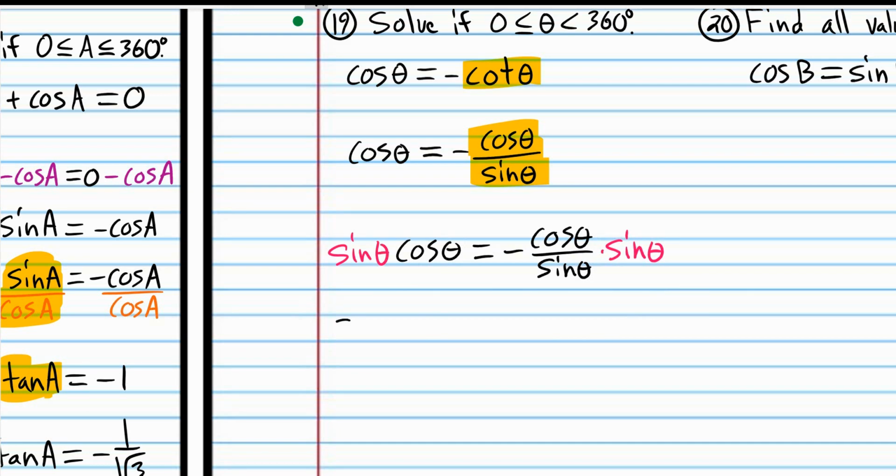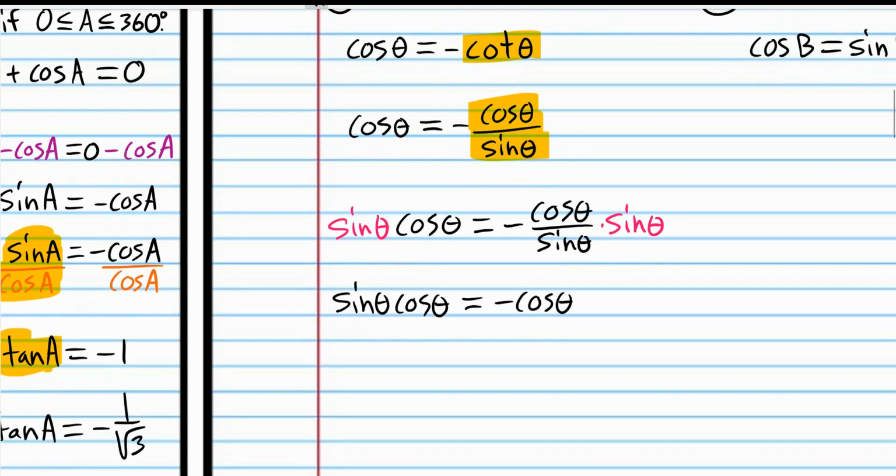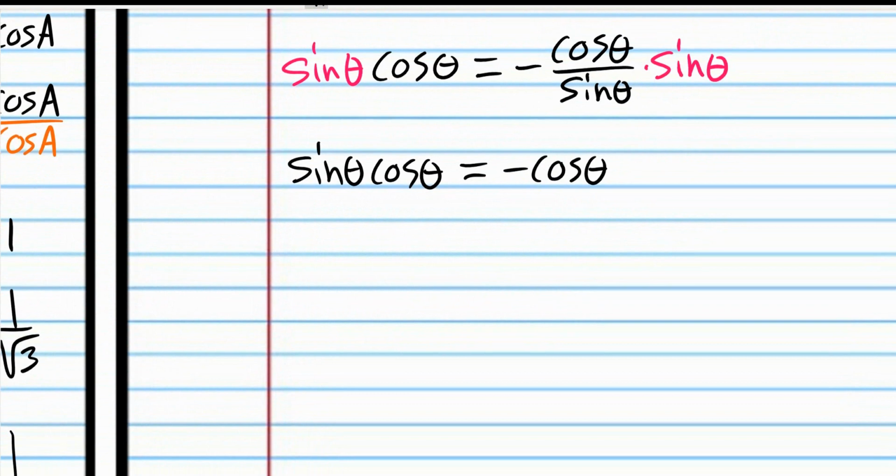And I'm left with sine theta over cosine theta is equal to negative cosine theta. And then I'm going to add cosine theta to both sides.